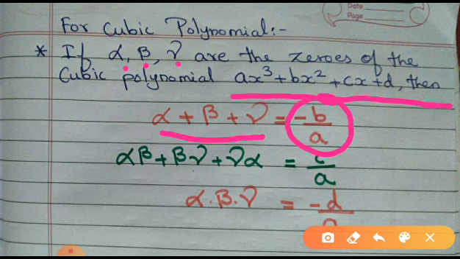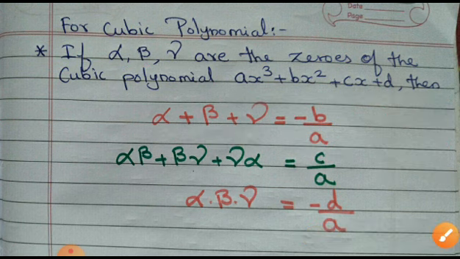Minus b by a is nothing but minus of coefficient of x square by coefficient of x cube. The sum of the zeros of your polynomial is always minus of coefficient of x square by coefficient of x cube.